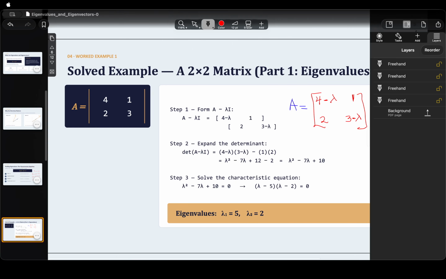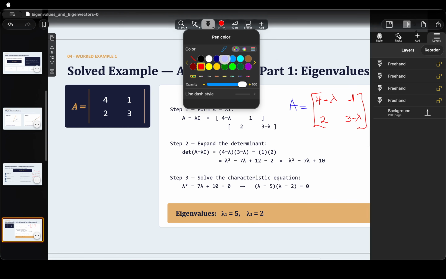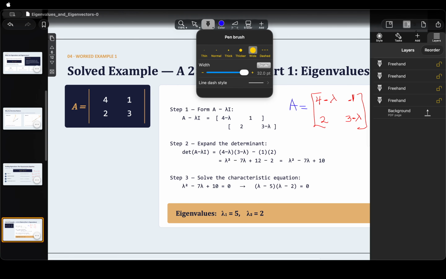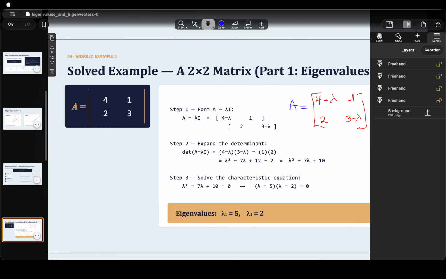So I have 4 minus lambda, 3 minus lambda, minus 1. So this times this minus this times that. We already have a fair idea or previous knowledge on how to find the determinant of a matrix.